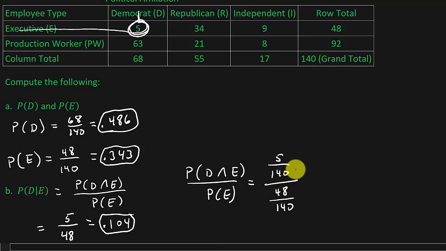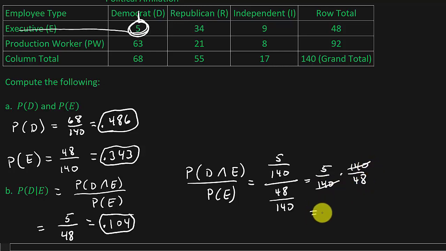So this is the probability of the numerator. This is the probability of the denominator. But look what happens. This is 5 over 140 divided by this. Or we could say this times the reciprocal of this, 140 over 48.